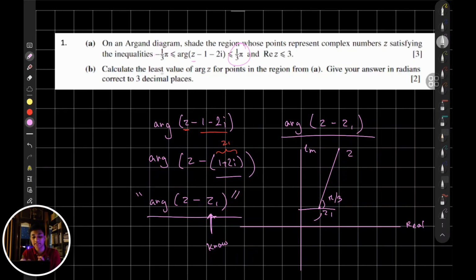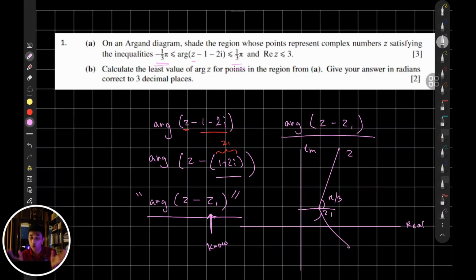This limit of minus pi by 3 and pi by 3 is telling you that z will be at any position which makes an angle within positive pi by 3 or negative pi by 3 from this complex number.